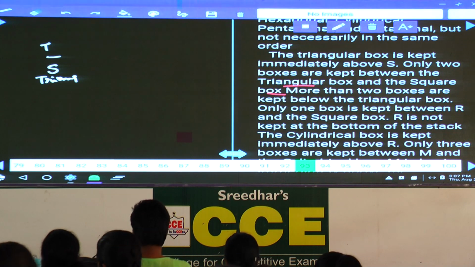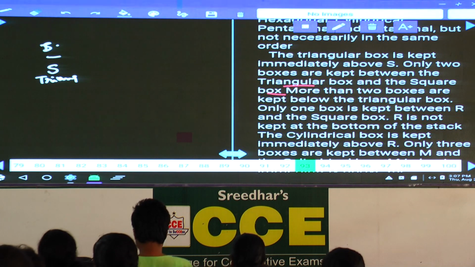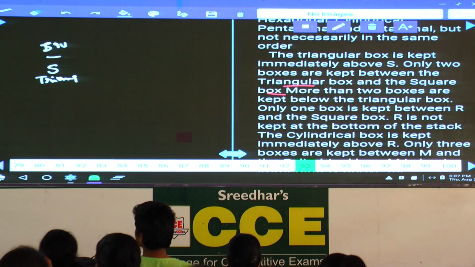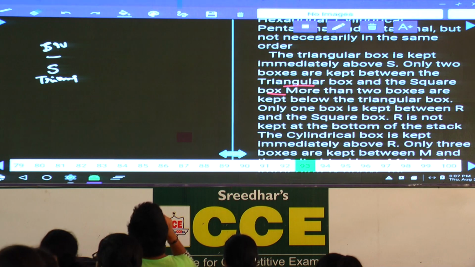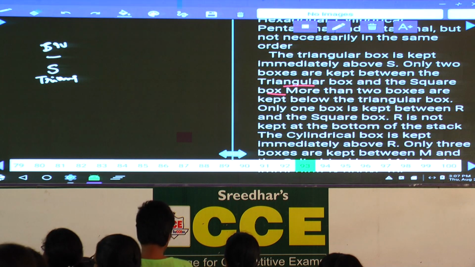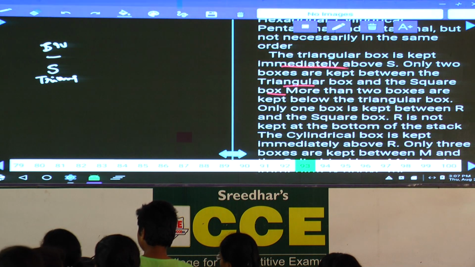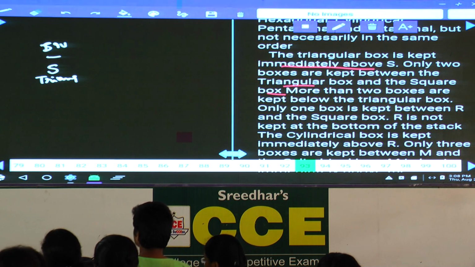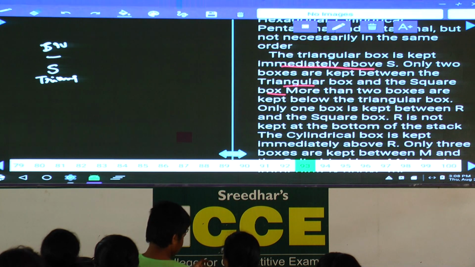Triangle and square, now this is the square box. The triangular box is kept immediately above S, and only 2 boxes are between the triangle and the square box.